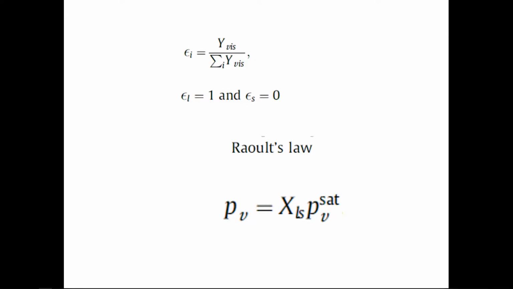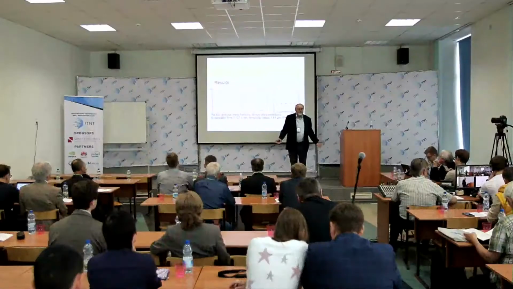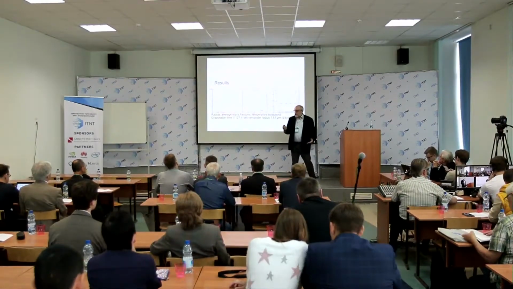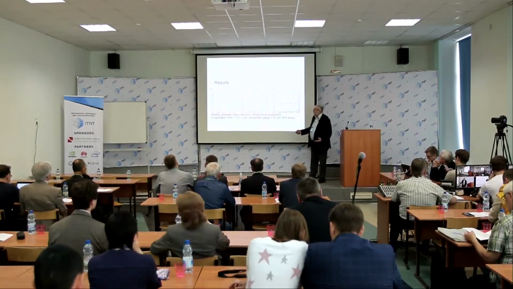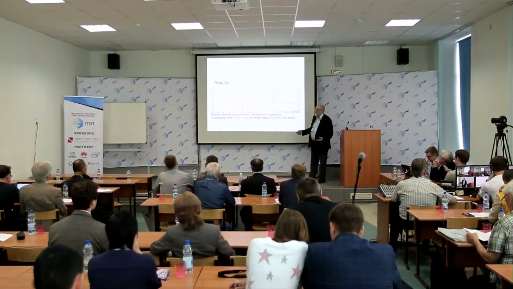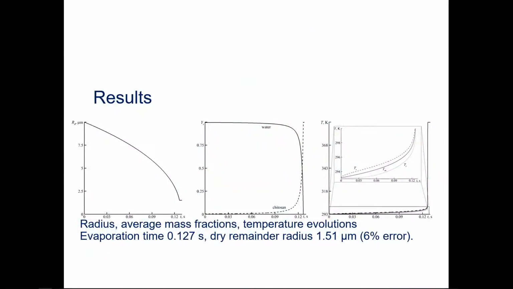Once we have solved this problem, we can get the time evolution of droplet radius and the time evolution of mass fraction of water and mass fraction of Chitosan. We cannot really validate rigorously all these plots shown here.